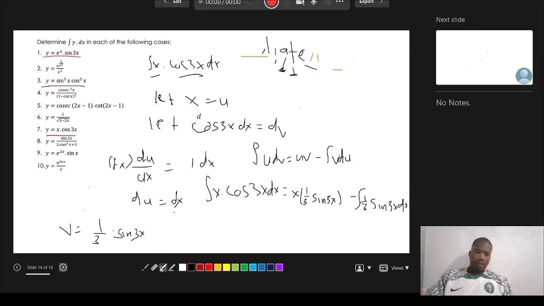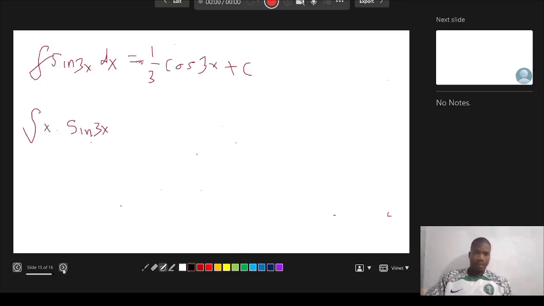So now we have to determine the integral of 1 over 3 sine 3x dx, right? Let us determine the value of the integral.